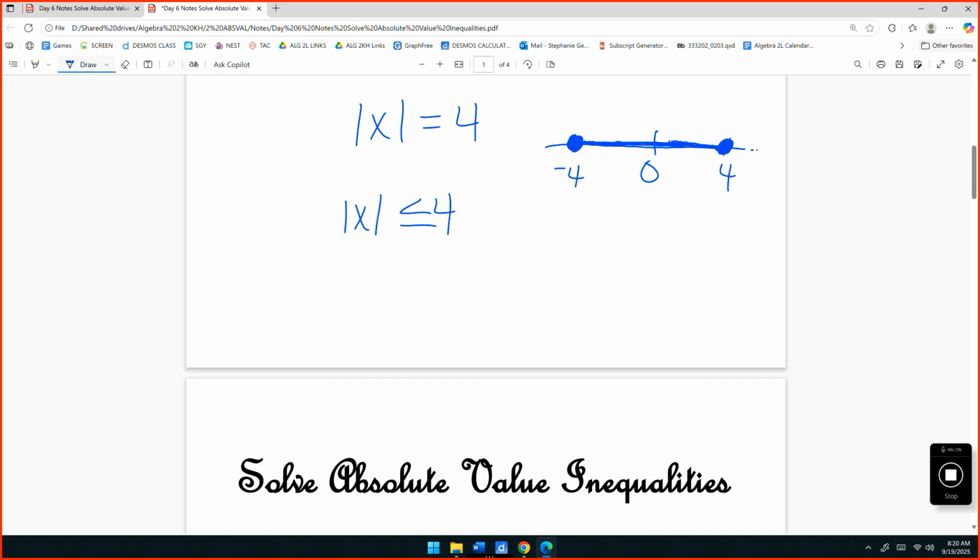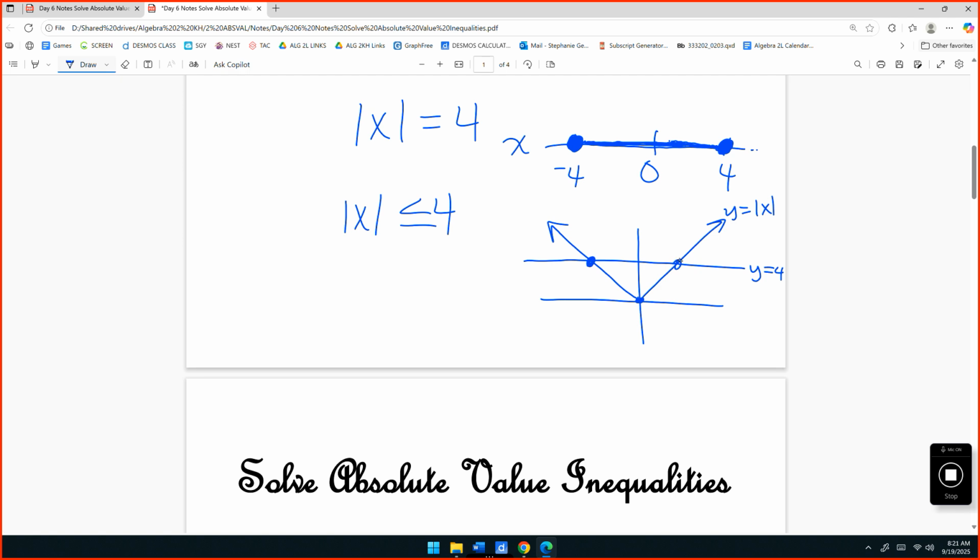If I look at that in 2 dimensions, so that's 1 dimension, it's just the x. But if I look at my function in 2 dimensions with x and y, there's my absolute value of x, and I have 4, this is y equals 4. Here's where it equals.